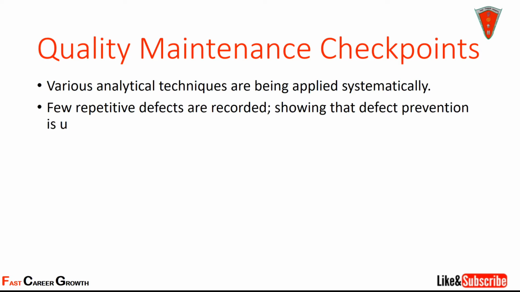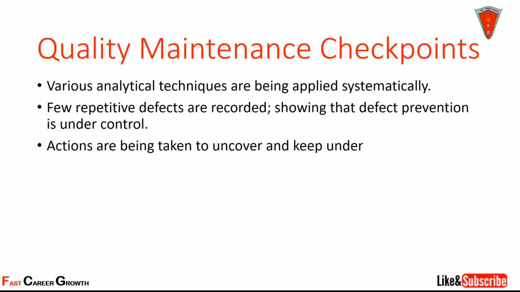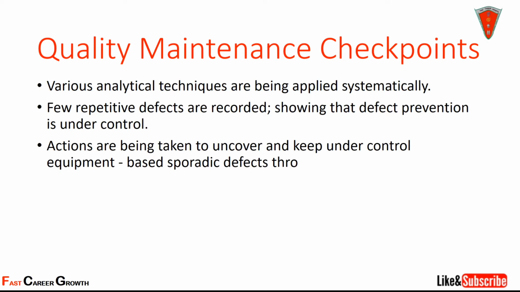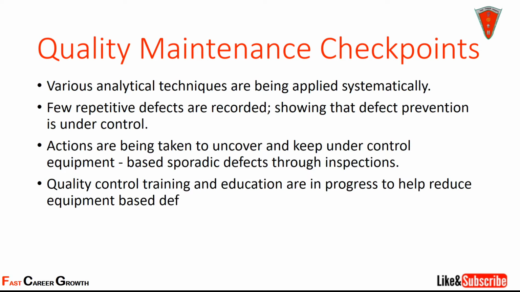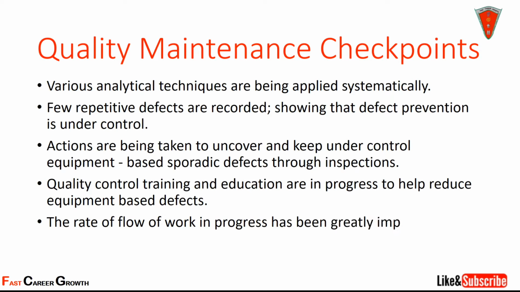Actions are being taken to uncover and keep under control equipment based sporadic defects through inspection. Quality control training and education are in progress to help reduce equipment based defects. The rate of flow of work in progress has been greatly improved. These are the checkpoints for quality maintenance.